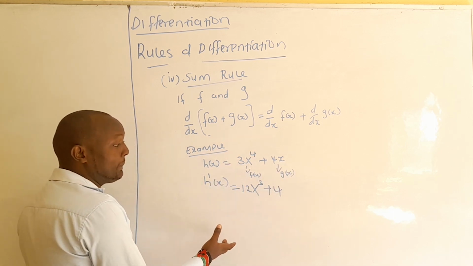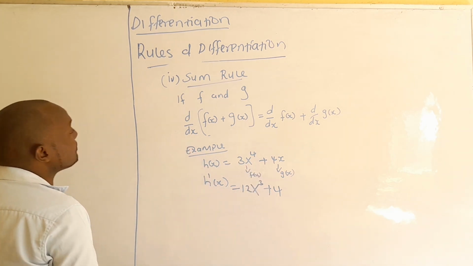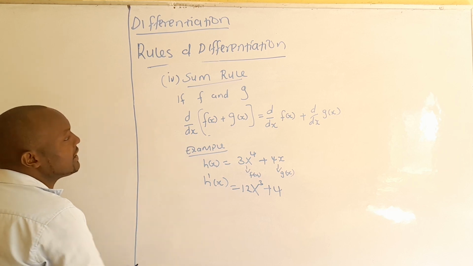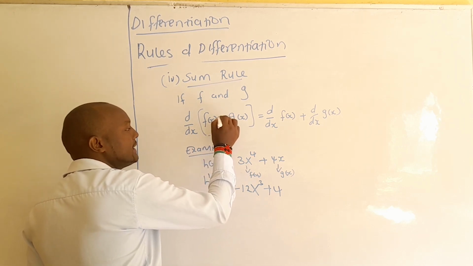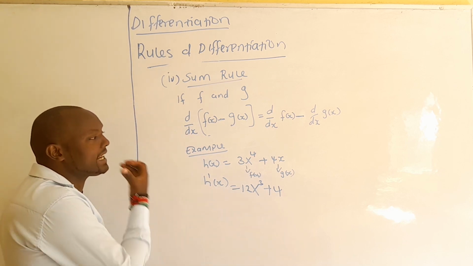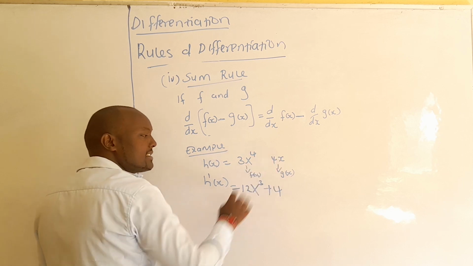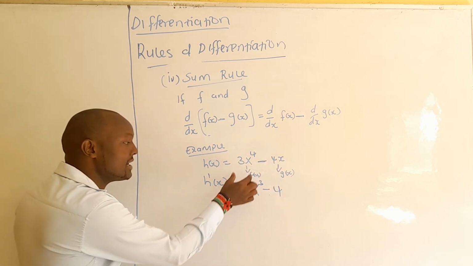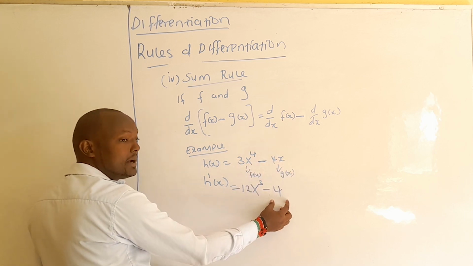The same case will apply if we had a negative sign. So let's look at the difference rule, which is our fifth rule, just the same case as this one, where now we have a negative sign. Regardless of addition or subtraction sign, if our example remains the same but here we have negative, the answer will be negative 4, because we are differentiating this by itself, then we minus the derivative of this one by itself.